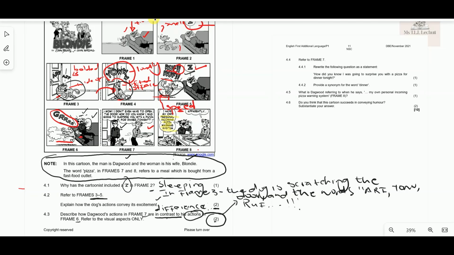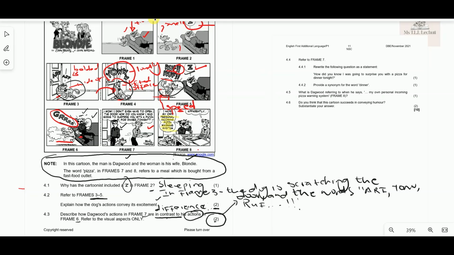You can go now into the body language. Here the eyes seem to be closed, whereas his eyes are wide open in frame 7. And in frame 6, he was just lying on a couch trying to wake up from the barking of the dog, whereas in frame 7 he is standing upright.